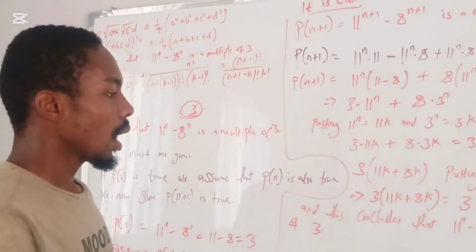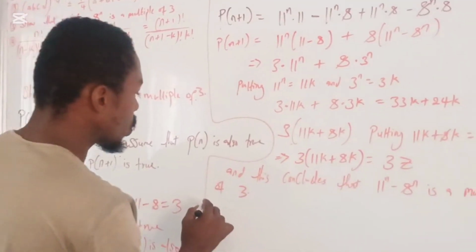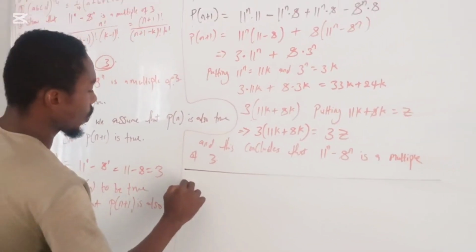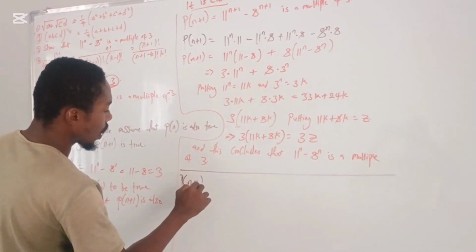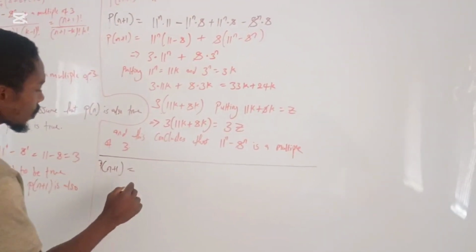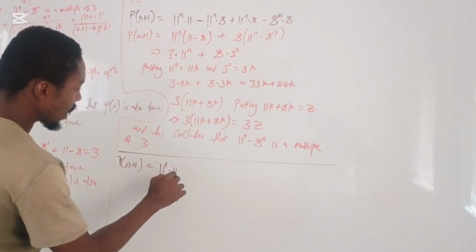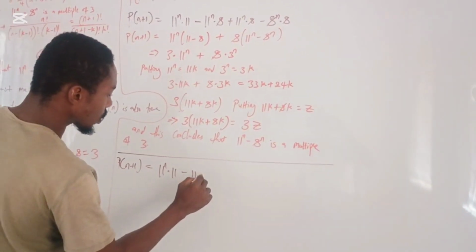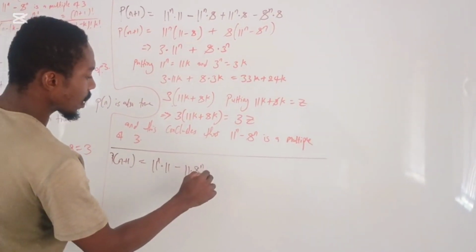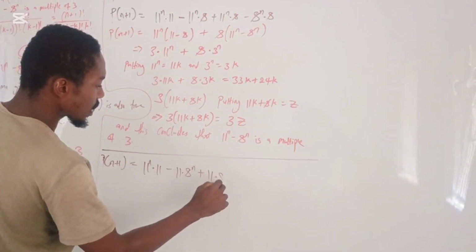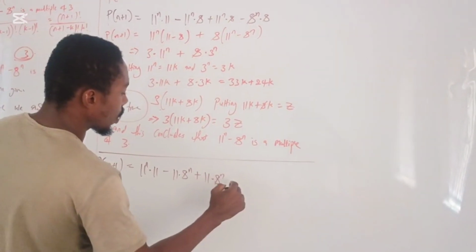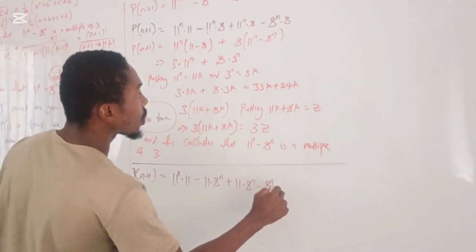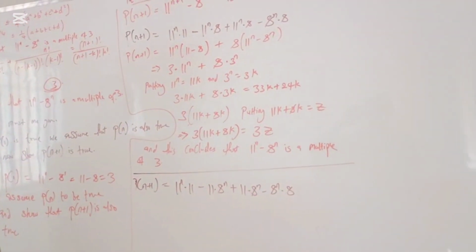Now, if you are lucky to have read the textbook, this is not the way they solved it in the textbook. Let me show you the way it is solved in the textbook. In the textbook, it says P of n plus 1 is equal to 11 raised to the power n times 11 minus 11 multiplied by 8 raised to the power n plus 11 multiplied by 8 raised to the power n minus 8 raised to the power n times 8.